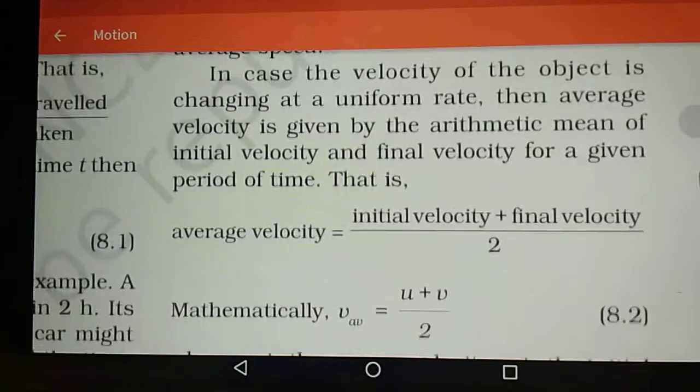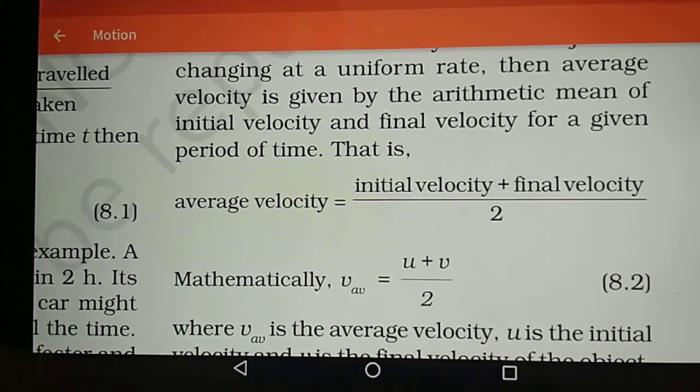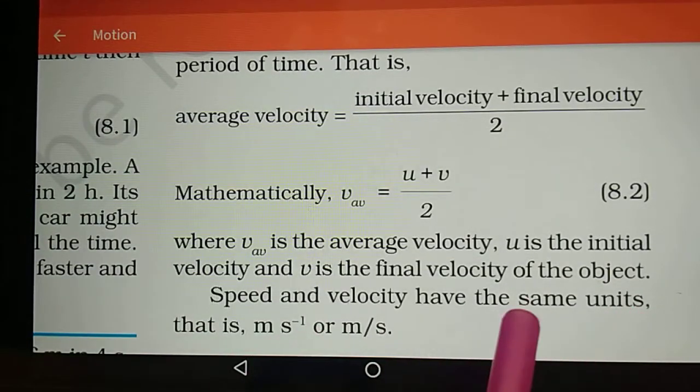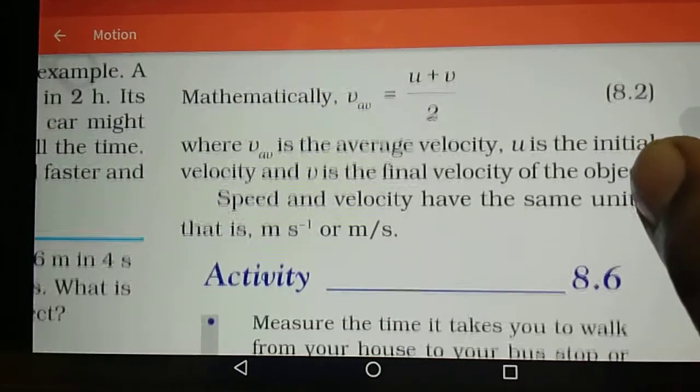Mathematically it is written as u plus v divided by 2, where u is the initial velocity and v is the final velocity. Speed and velocity have the same units, that is meter per second, which is written differently but read as meter per second.